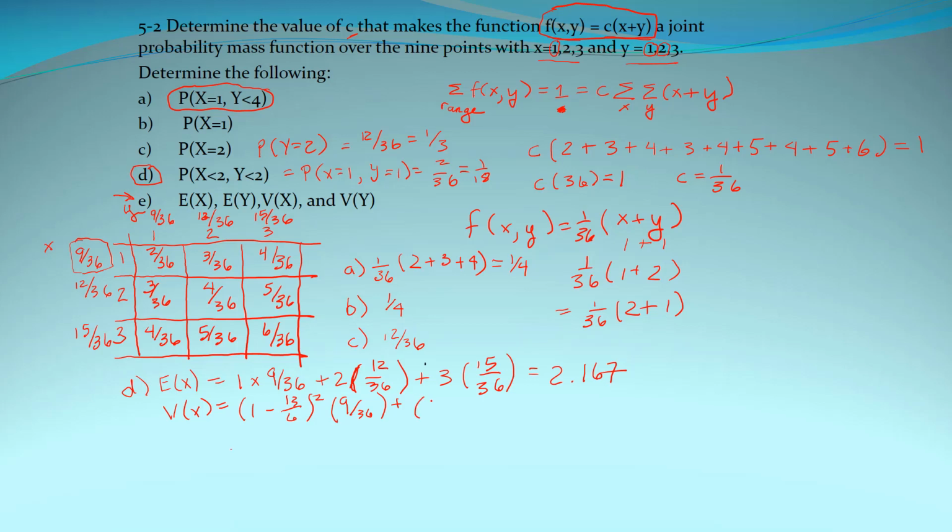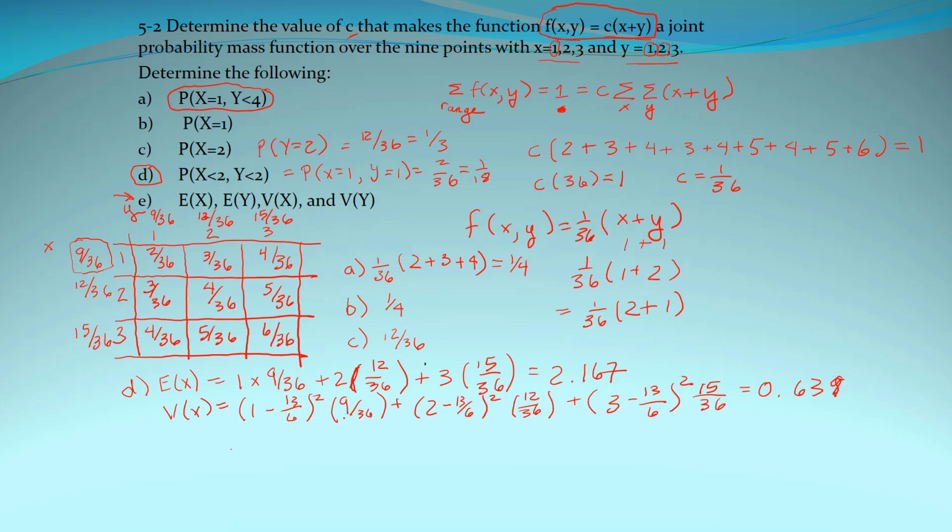Then plus 2 minus 13/6 squared, times 12/36, plus 3 minus 13/6 squared, times 15/36, and all of that equates to 0.639.